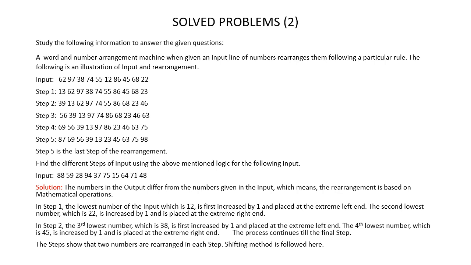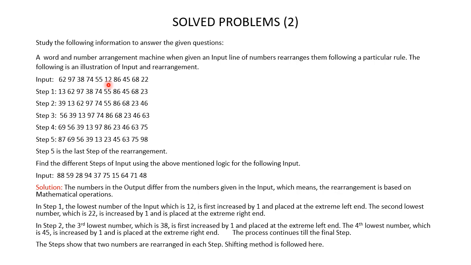When you look at the input and step 1, you will see that other than 12 and 22, the rest of the input numbers remain unchanged and they are written as they are in step 1 in the same order. The change in 12 and 22 is because some mathematical operation is done on them. 12 is the lowest input number.